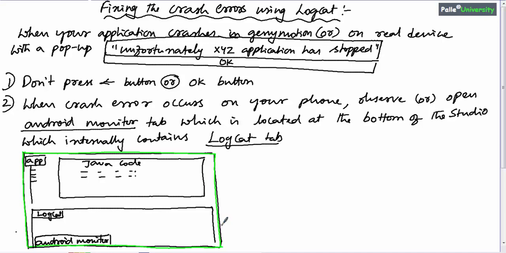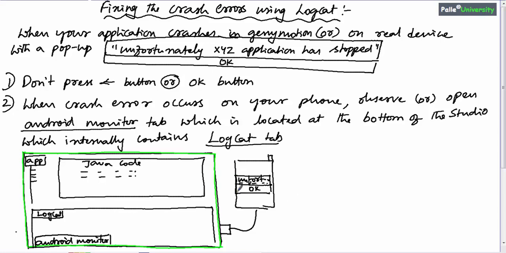Now, let us assume that your system is connected to your phone, and imagine that when you run the application on the real phone, your application has crashed with the error "Unfortunately stopped" with an OK button.